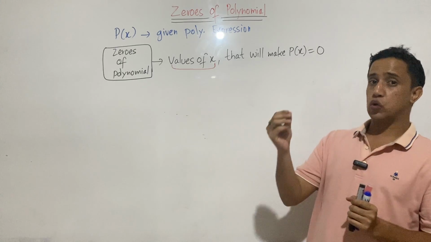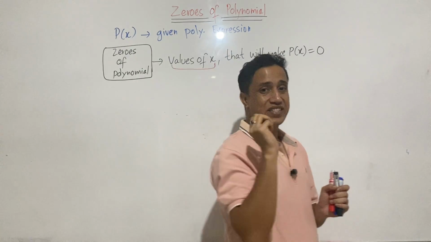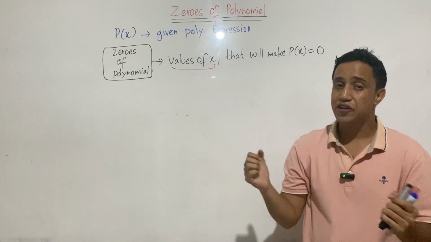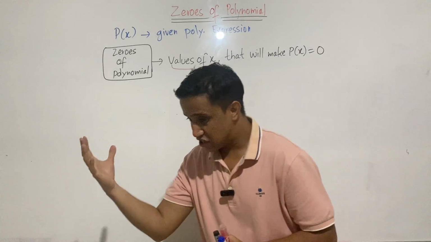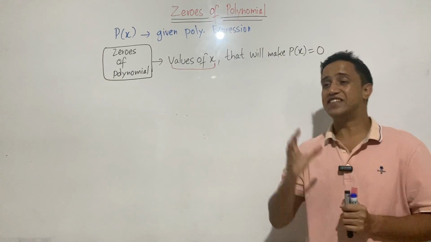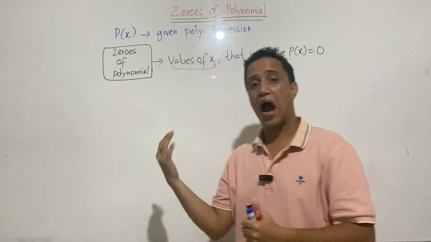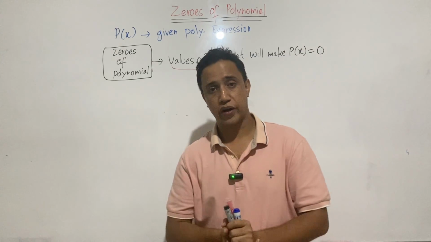So we always look for the value of x that can make the value of the whole expression 0. Those values of x that can make the whole polynomial expression 0 are known as zeros of a polynomial.